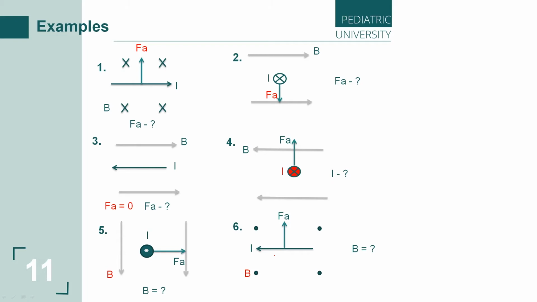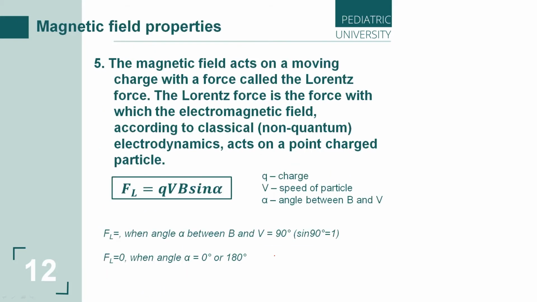The last property of the magnetic field tells us that the magnetic field can act not only on a conductor with an electric current placed in a magnetic field. The magnetic field can also act on an electric charge introduced into it.